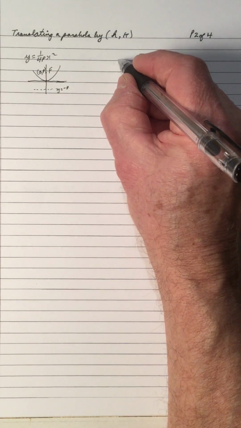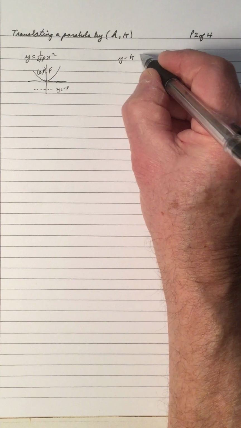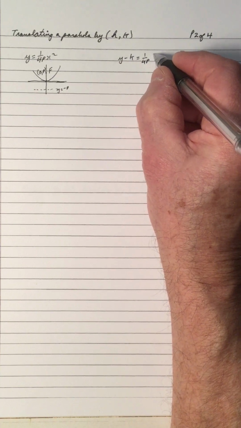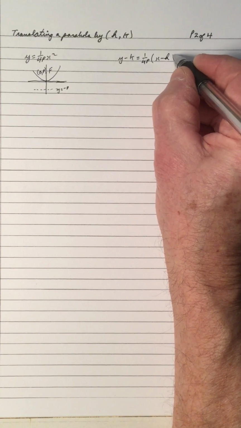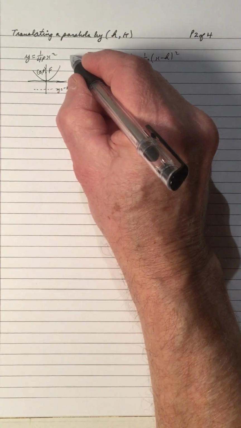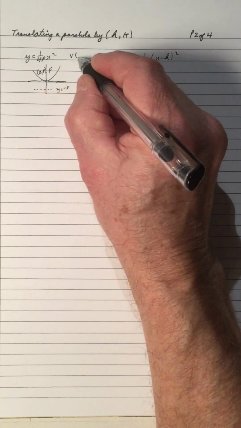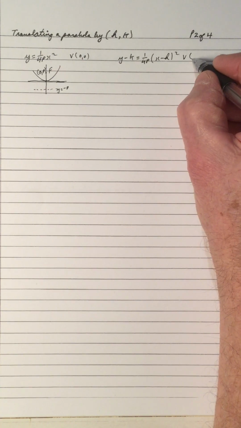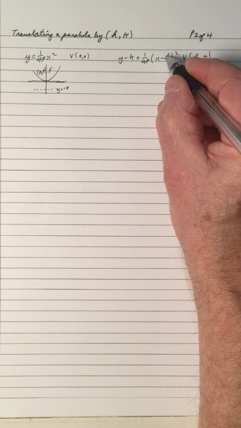But what if we have y minus k equals 1 over 4p times (x minus h) all squared? Before, the vertex of this parabola was (0, 0). Now the vertex is (h, k). It's the opposite of whatever h is here, and the opposite of whatever k is here.